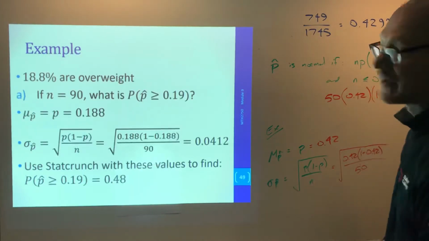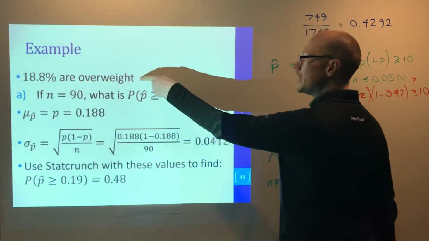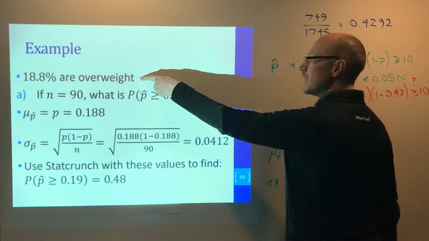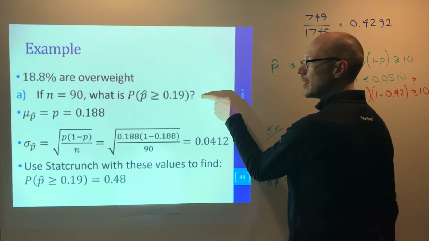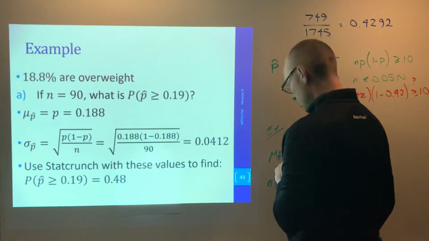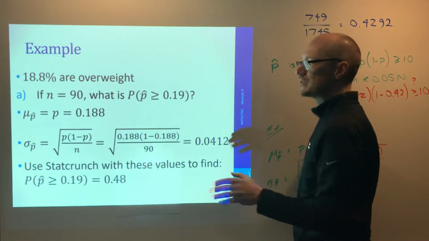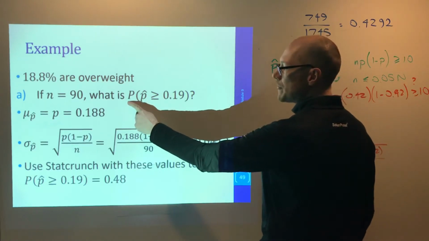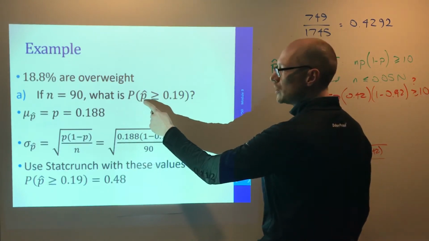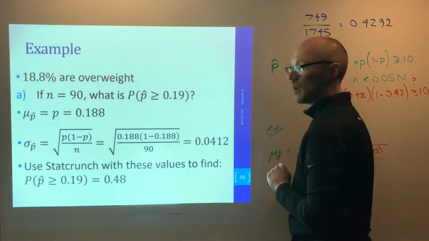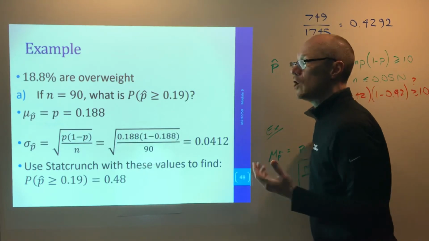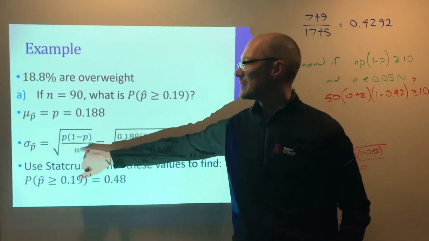Our first example, I've summarized both the initial stat and our problem. So 18.8% are overweight, and if n equals 90, what is the probability that our proportion would be greater than or equal to 0.19, 19%? Well, we need to figure out what our mean and standard deviation are.